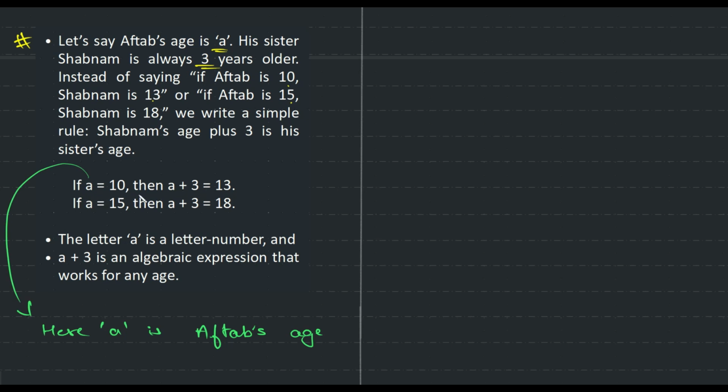So whatever Aftab's age is, this is the algebraic expression: A plus 3, it will give us the exact answer. Letter A is the letter number or the variable. A plus 3 is the algebraic expression that works for any age. Right? Say today Aftab is 15, 10 years down the line he is 25. His sister will be 28, whatever the scenario is.